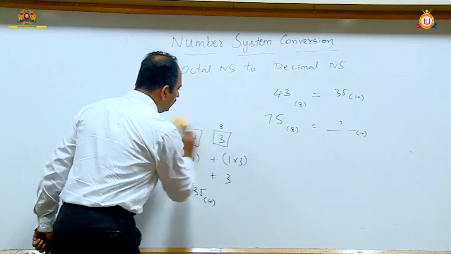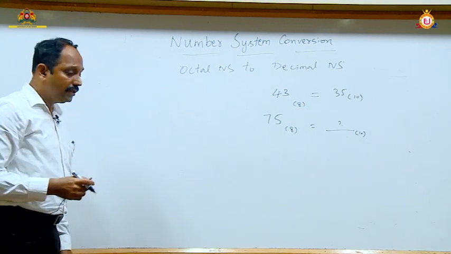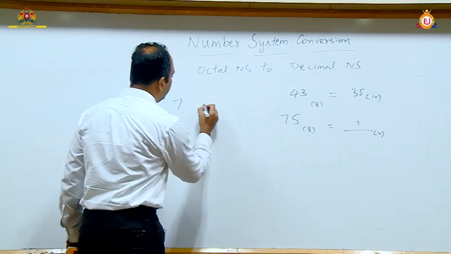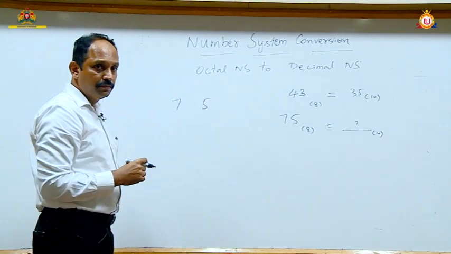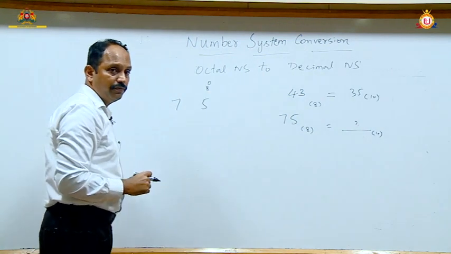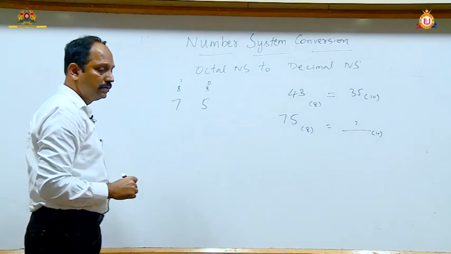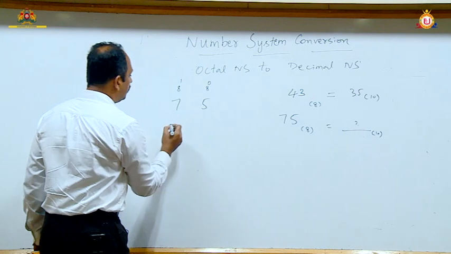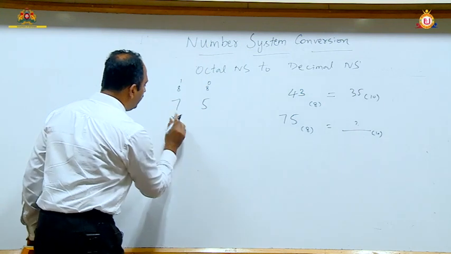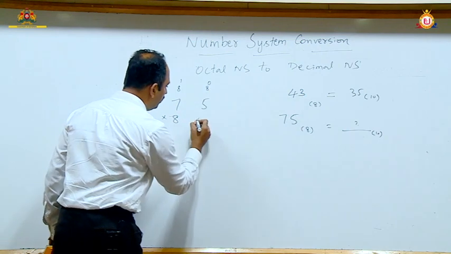Then another example, 75 in the octal number system. Take its positions in terms of the octal number system: 8 to the power of 0 and 8 to the power of 1. What is the place value of this? 8 to the power of 1 is 8, 8 to the power of 0 is 1.